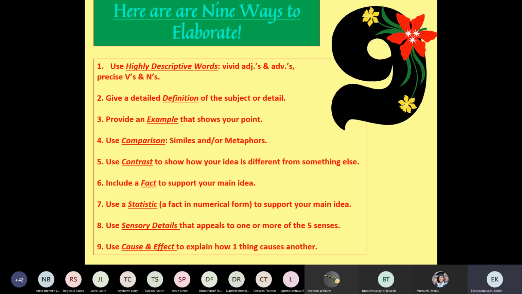So we can use vivid adjectives, adverbs, precise verbs, and nouns. So we don't want to see you just using plain old verbs and adjectives, okay? I want you to use vivid verbs, vivid adjectives, precise nouns.